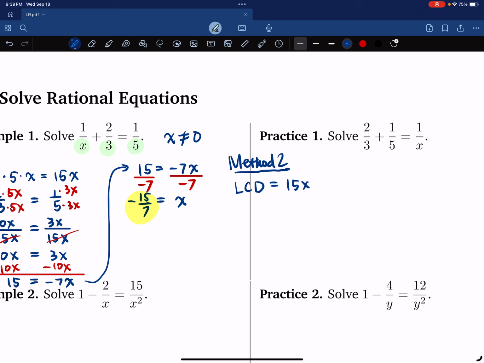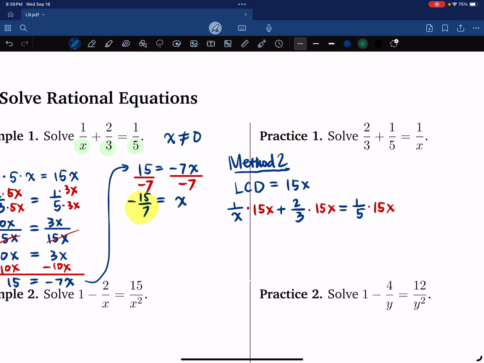Once you have your LCD determined, you're going to multiply everything in your equation by this LCD. The resulting equation will be very similar to what we had earlier. So I'm going to multiply 1 over x by 15x, and then plus 2 over 3 by 15x, and then equals 1 over 5 by 15x.